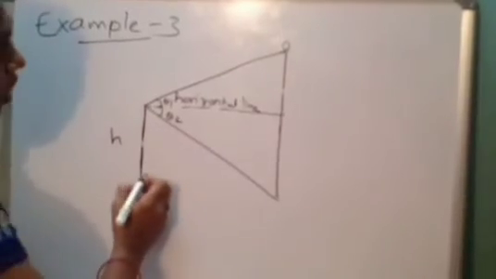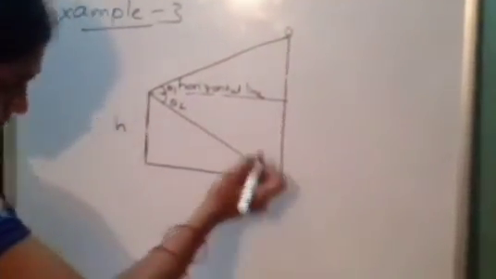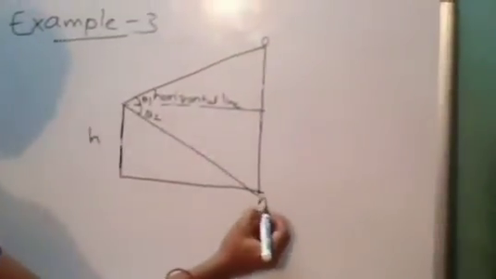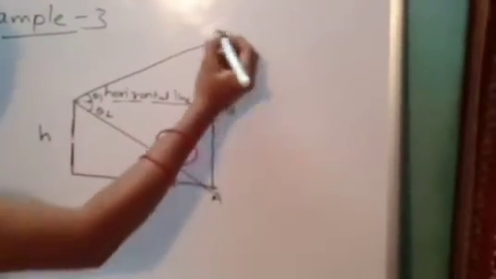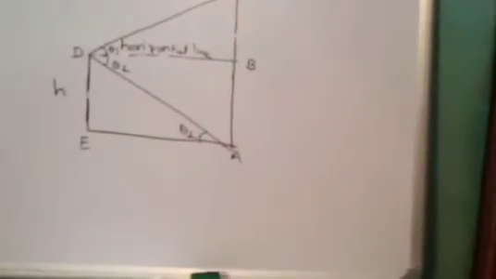Theta 2 is angle of depression. A, B, C, D, E. This is also theta 2.